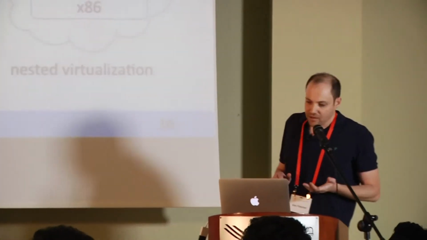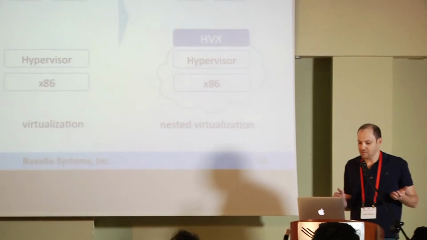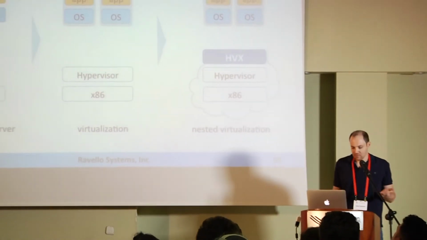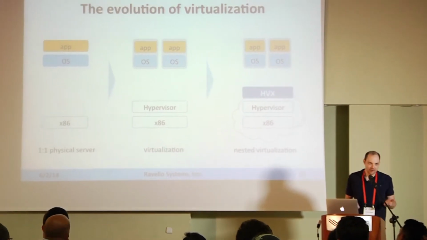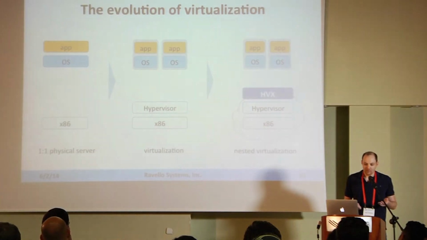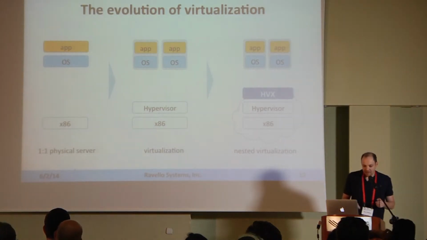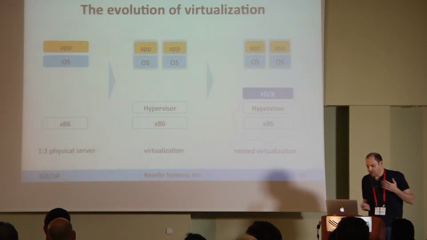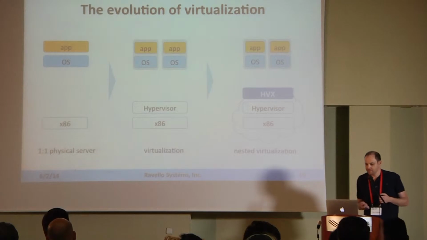These slides talk a little bit about the evolution of virtualization. On the left you can see x86 hardware, just a regular PC that everyone has. On top of it you run an OS of your choice, for example Linux or Windows, and on top of that you can run applications such as OpenStack. The middle section talks about the architecture of the cloud.